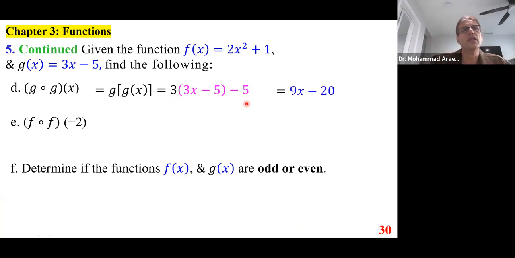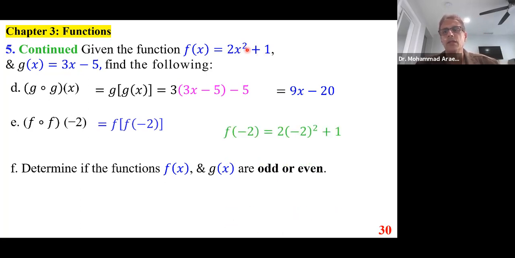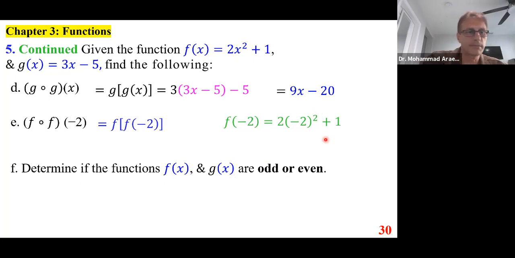f of negative 2. So we find f of negative 2 first by putting negative 2 into this function. So 2 times negative 2 quantity squared plus 1. This is 4. Two times 4, 8, plus 1 is 9.